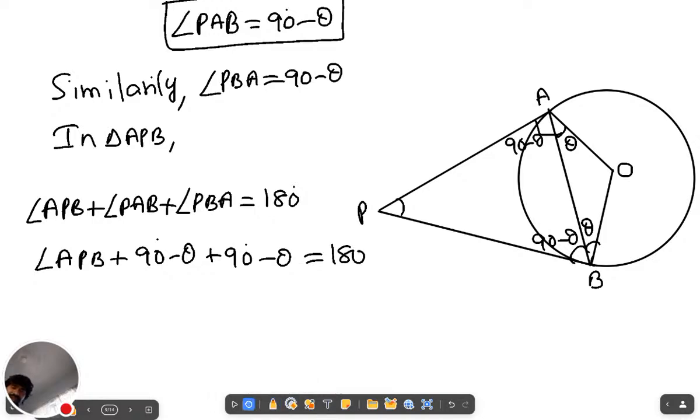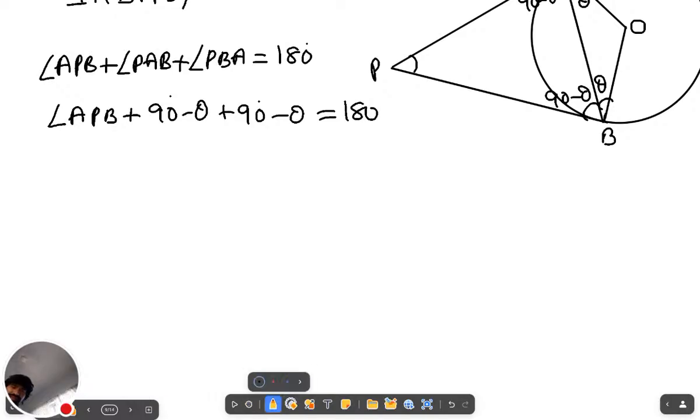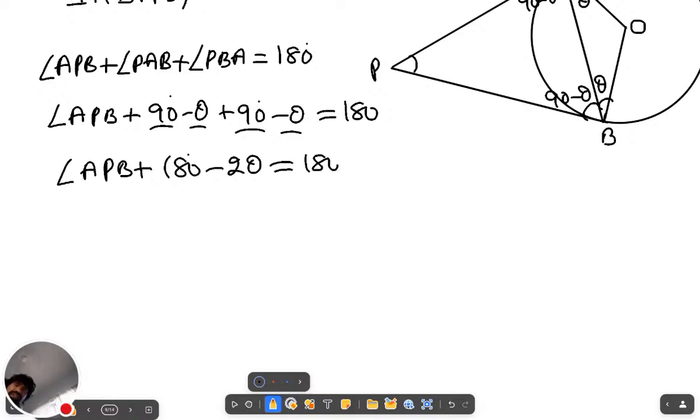Okay, so angle APB plus 90 plus 90 is 180, minus theta minus theta is minus 2 theta, equals 180. Send this 180 to the right side.